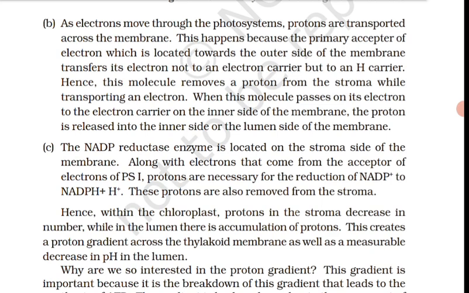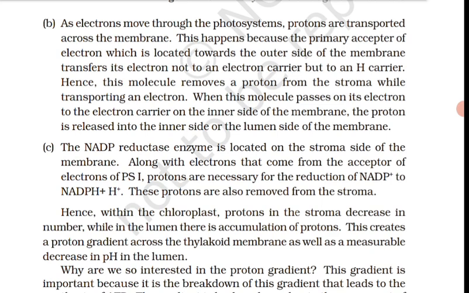Next is the electron transport. In photosystem 2, the reaction center chlorophyll A absorbs 680 nanometer wavelength of red light, causing electrons to become excited and jump into an orbit farther from the atomic nucleus.